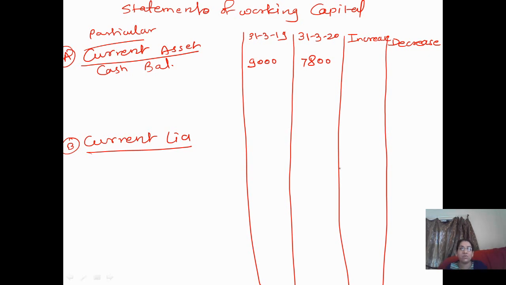The rule of working capital says asset increase, working capital increase. Asset decrease, working capital decrease. Here amount was 9,000 and 7,800, the difference was rupees 1,200. Asset decreased, so the difference value we have to put under the column of decrease.